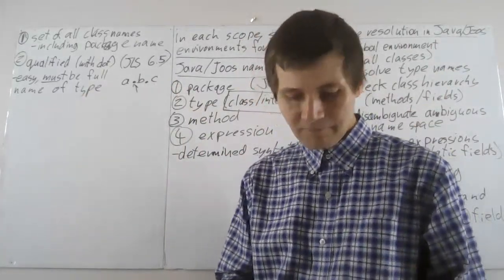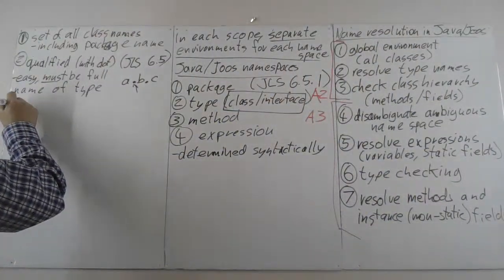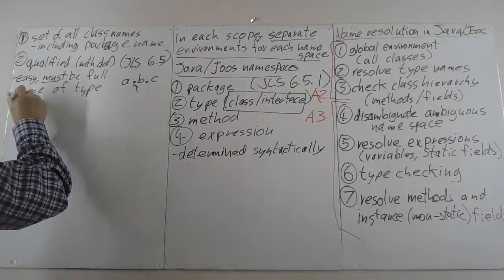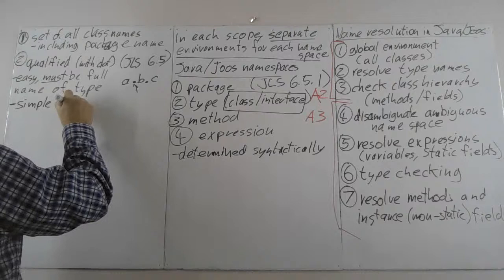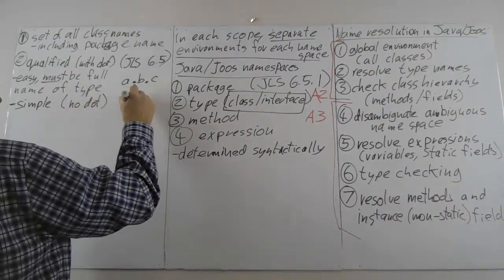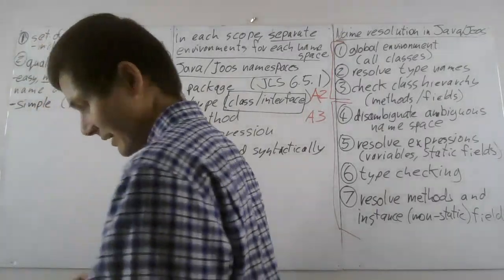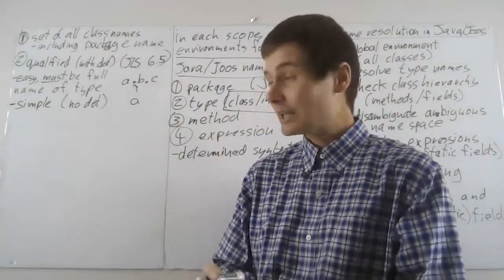And the hard case is a simple type name, and simple just means there's no dot in it. So it's like A, right? And now you have to figure out which class it is.